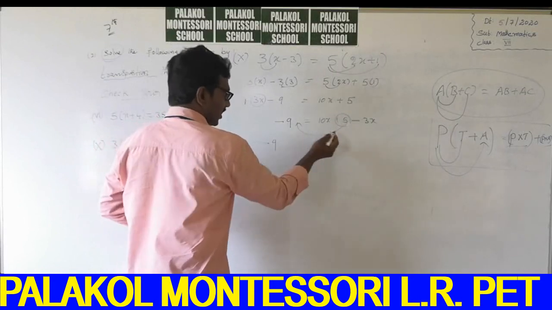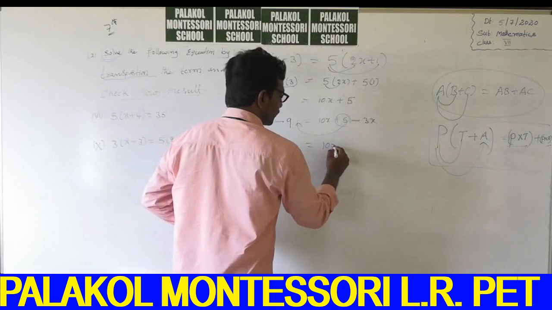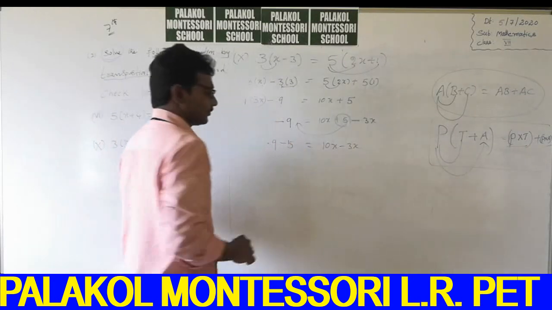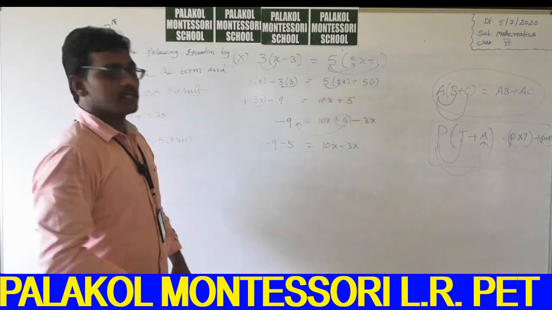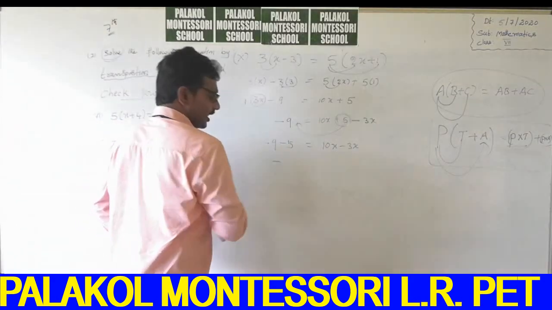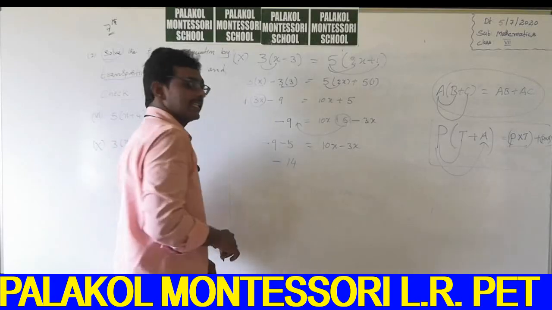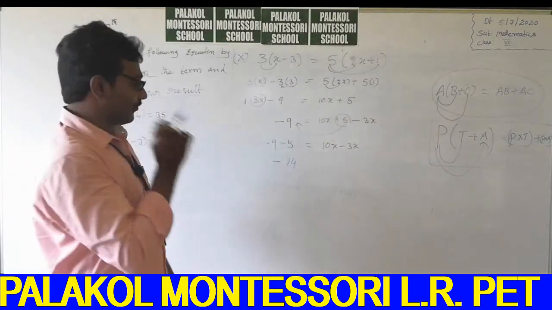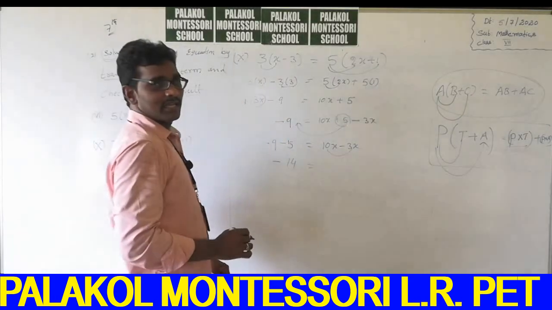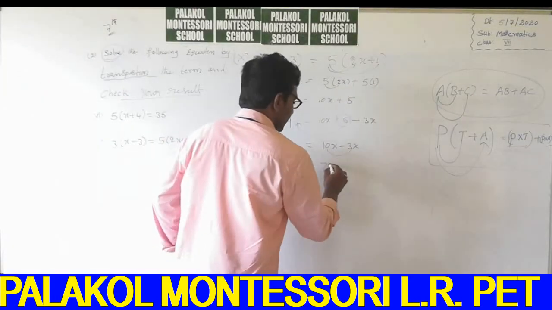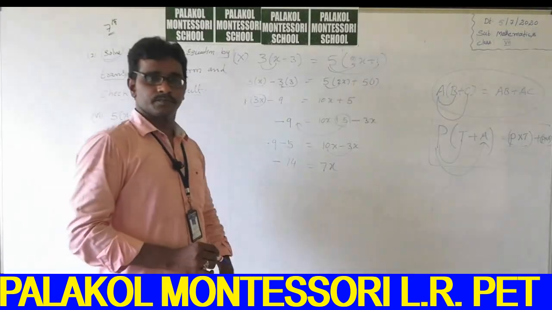Minus 9 is there, minus 5. What remains on that side? 10x minus 3x. Both are negative signs, so you write a minus symbol. Add both numbers, 9 plus 5 is 14, equal to 10x minus 3x. 10x minus 3x is equal to 7x.